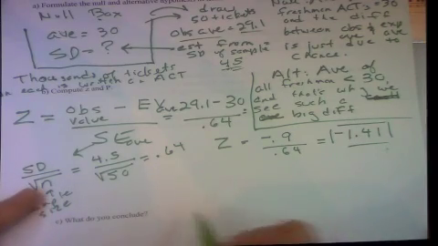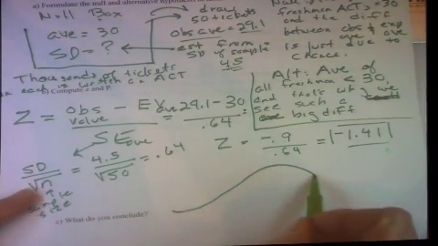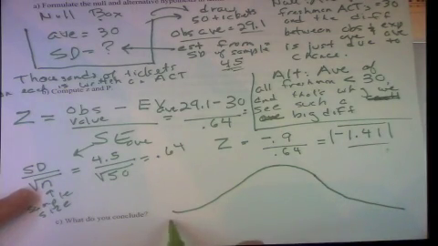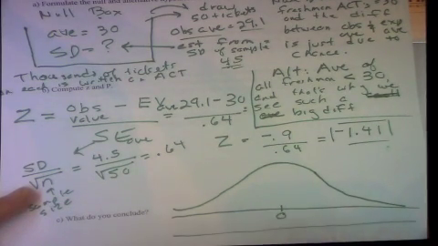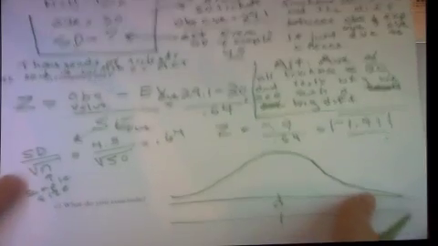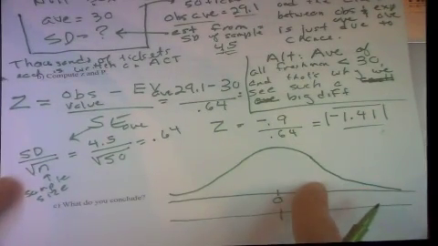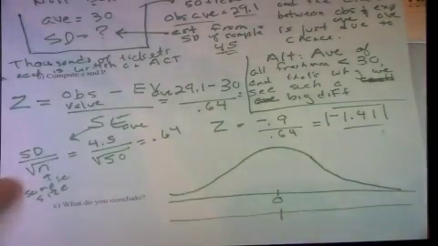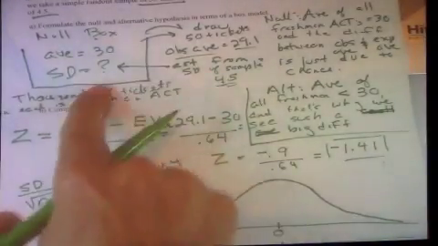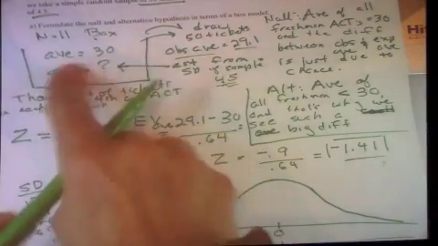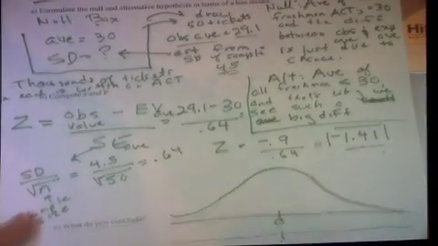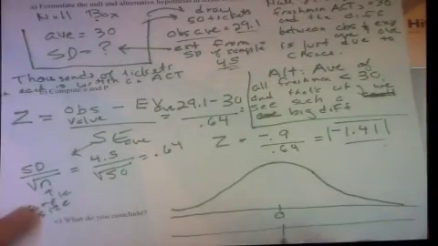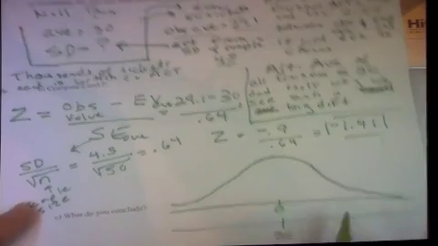Well, remember that what we're thinking about here is the sampling distribution of the average. In terms of z-scores, we always have a 0 in the middle here. If we did this over and over and over again, took 50 tickets out of this box, if the average really was 30, we'd expect 30 in the middle, obviously.